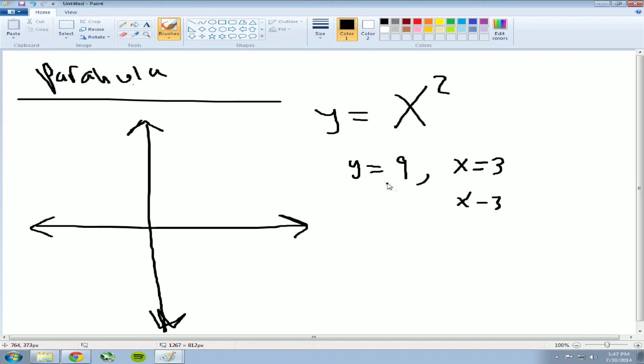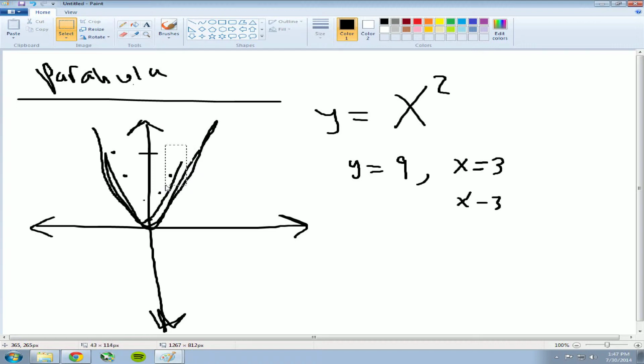So when y is 9 up here, x is both 3 and negative 3. And it keeps going. X is both this one and this one, this one and this one. And eventually you touch the origin and you form a parabola. And that's what's so special about it.